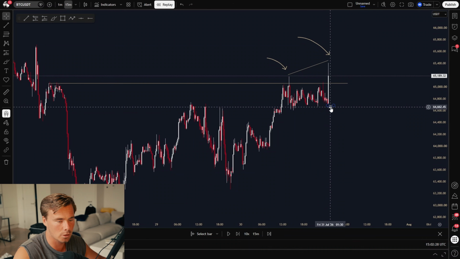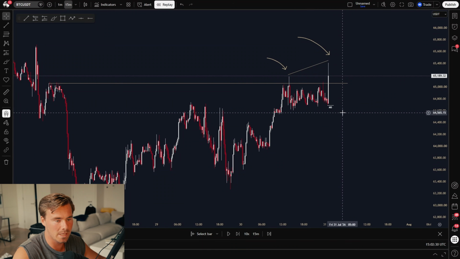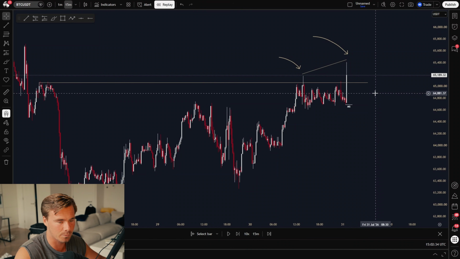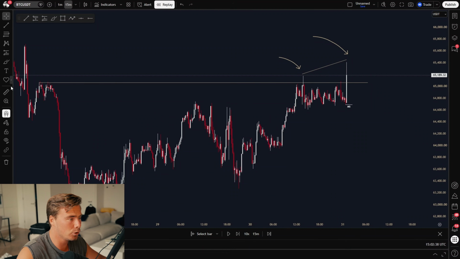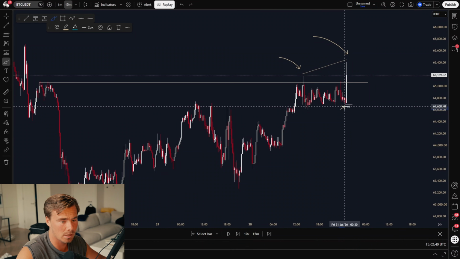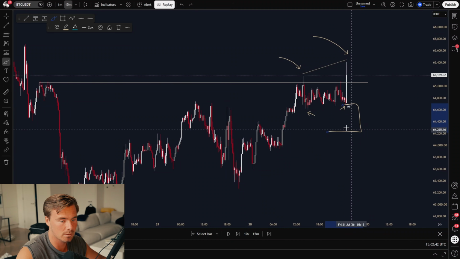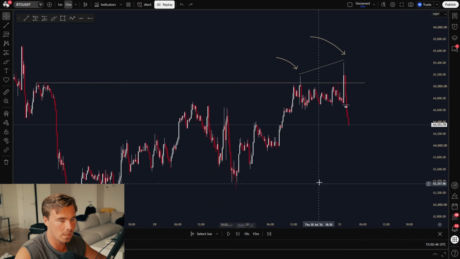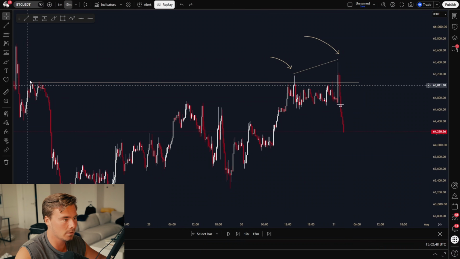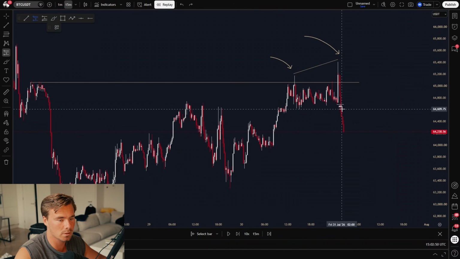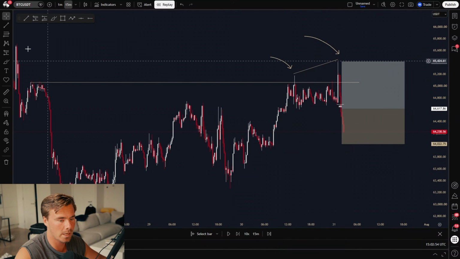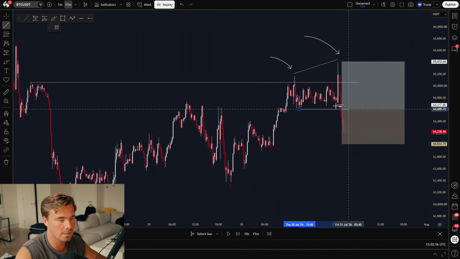In this case, I know the difference isn't too big, but I took this short last week live myself. So I want to use this as a live real-time example because I can show you guys the proof. And usually, sometimes the difference between this low and this low might be much bigger, right? And then it's even more powerful. So right now we can see it pushes below, and then we could have executed shorts, stop above the high, instead of waiting for the break of this low right there.